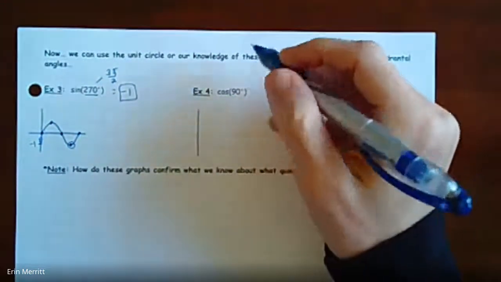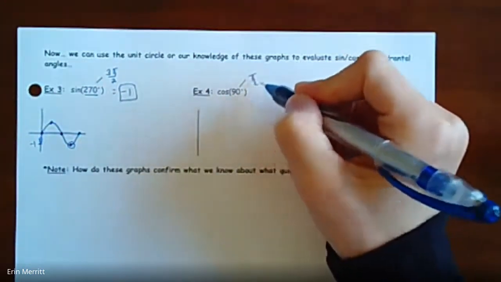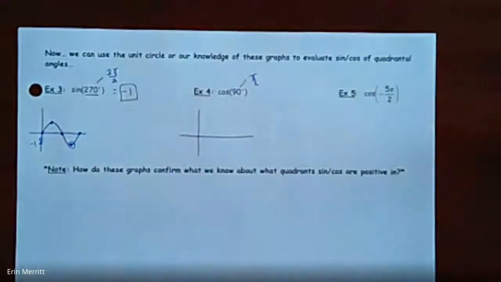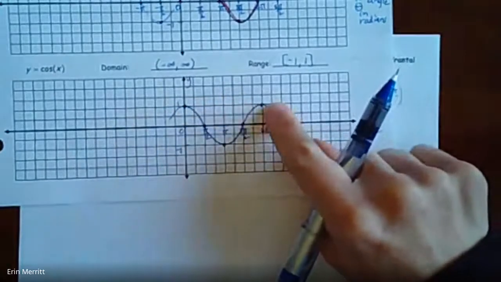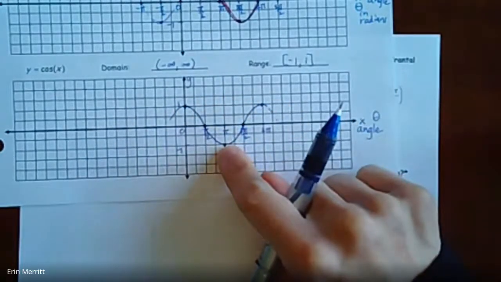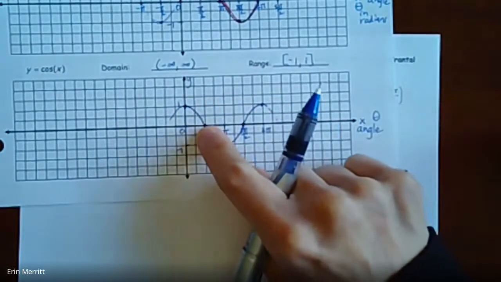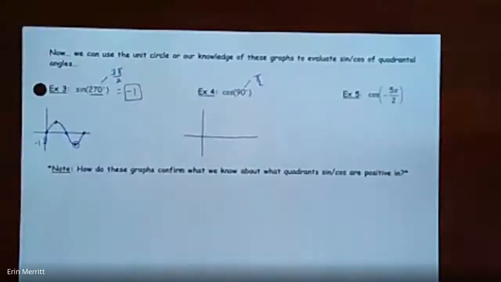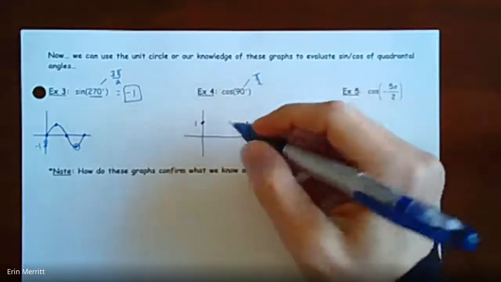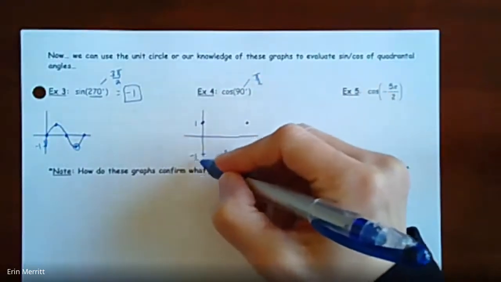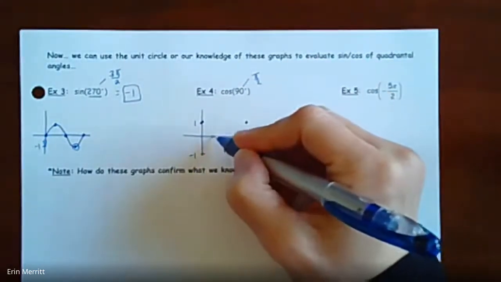So same idea. If we play the game one more time, cosine of pi over 2, right? The cosine curve, I'll bring my other paper back. Cosine curve starts at 1, finishes at 1, hits -1 dead center, and then halfway between hits 0. So I'm going to sketch that here. Starts at 1, finishes at 1, dead center hits -1, halfway between hits 0.